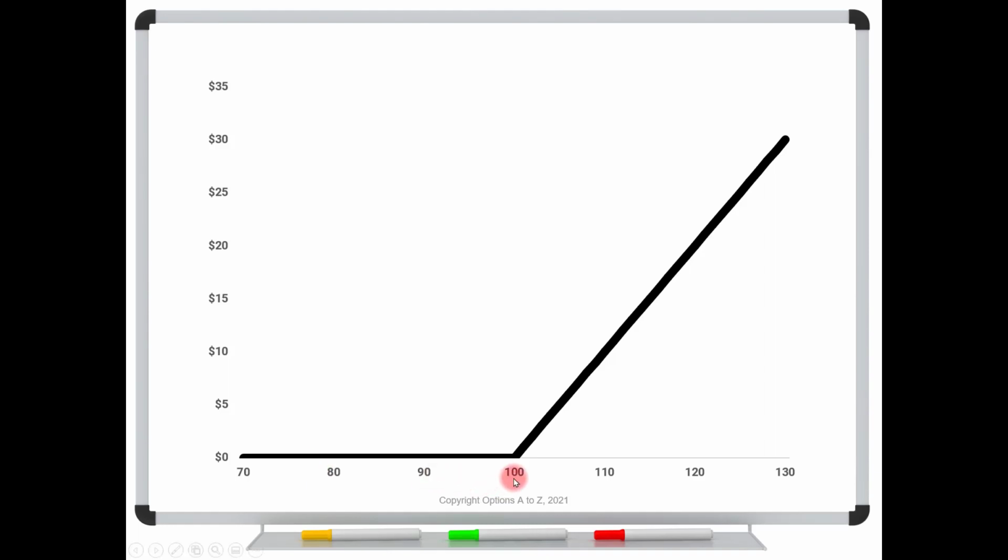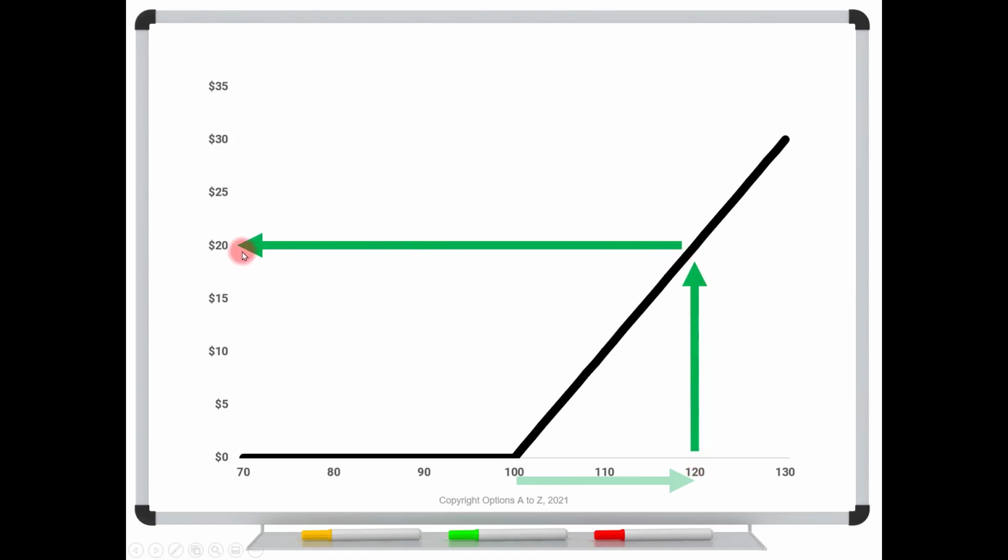So in this example, if the stock is at 100 and let's say it rises to 110, we trace a line up to the black line, and right where it touches, we look left, and there's your $10 of intrinsic value, right? If you have the $100 call, stock's at 110, there is $10 of intrinsic value. On the other hand, if we start at 100 and the stock rises to, let's say, 120, now we trace a line straight up to the black line, we look left, and there's $20 of intrinsic value.